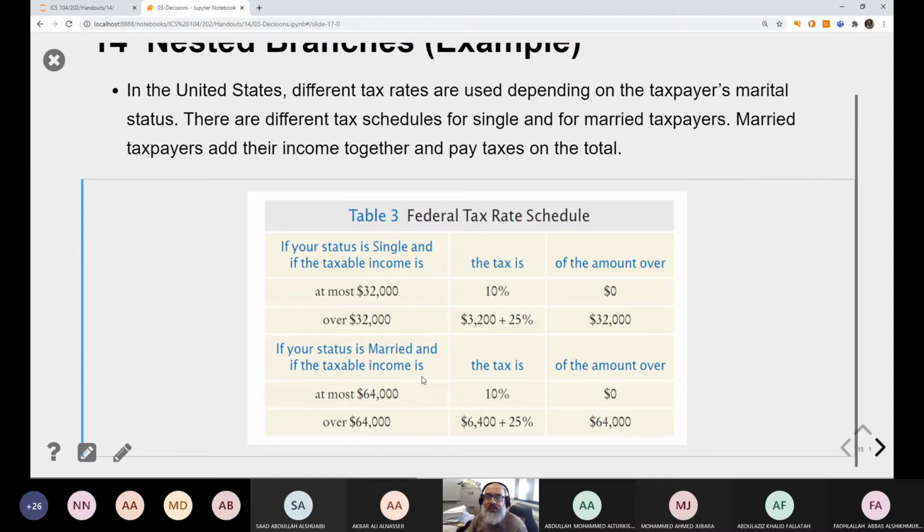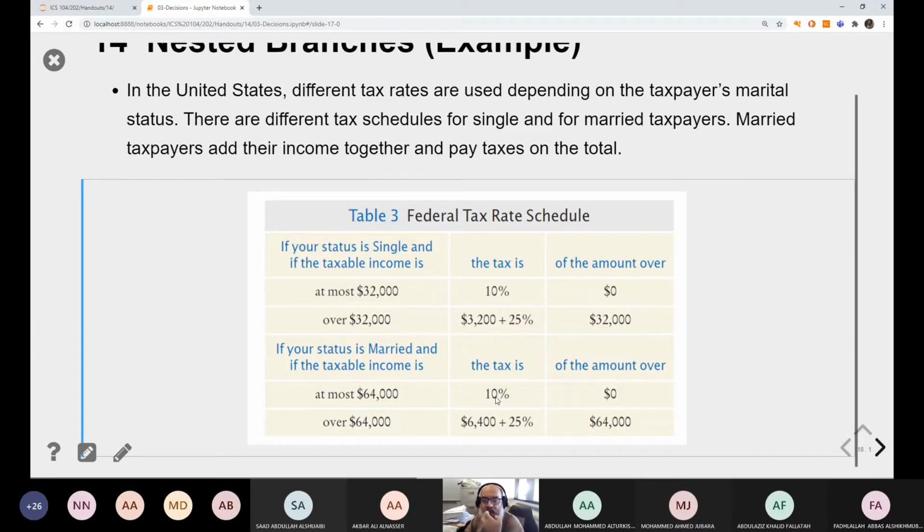If somebody is married and the total income of both the husband and wife, or just the husband if the wife does not work, is less than or equal to 64,000, then you can see the second difference between the two: the amount here is much bigger. It's 64,000. So if it's 64,000 or less, you pay 10% of what you earn.